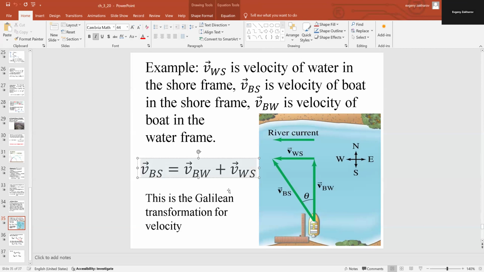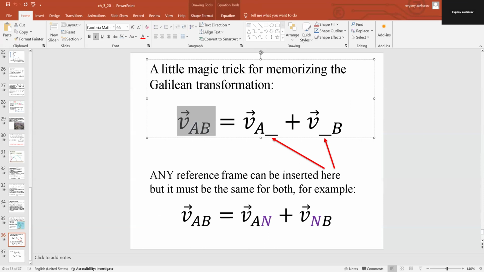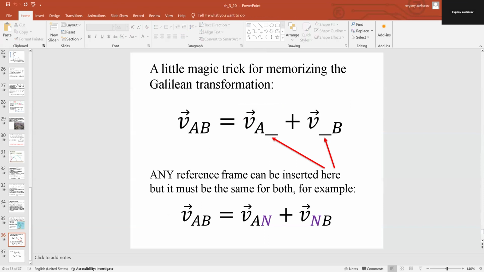So here is a little trick for you to memorize which subscript works for whichever problem you have in mind. What you see here is called the Gaussian transformation. And the trick is, for any two subscripts that you want to work with, say A and B, you put the first subscript on the first place.